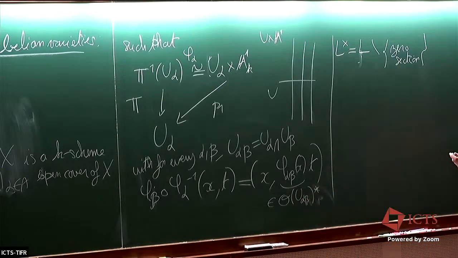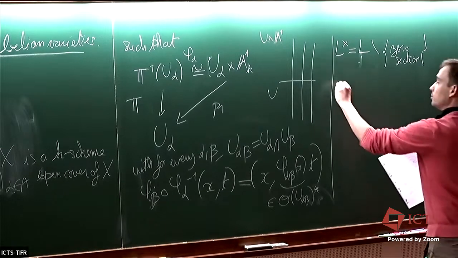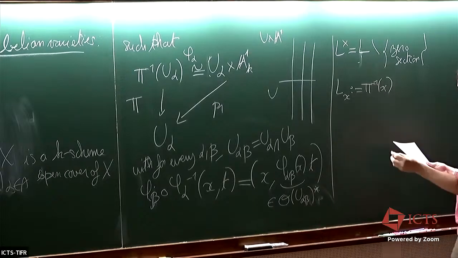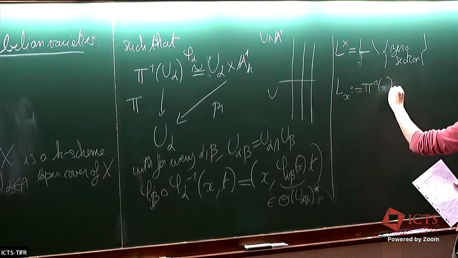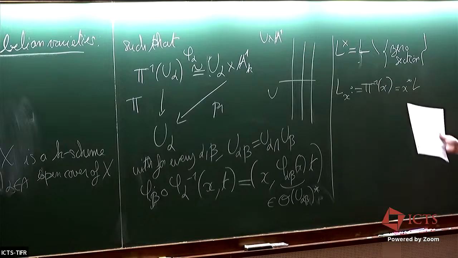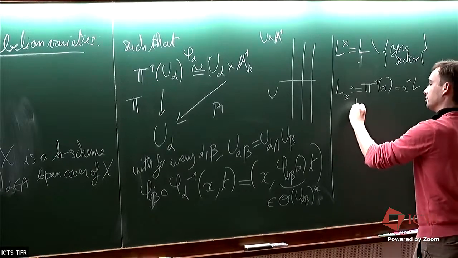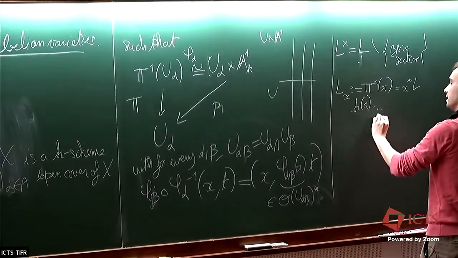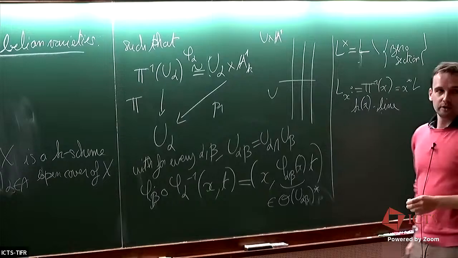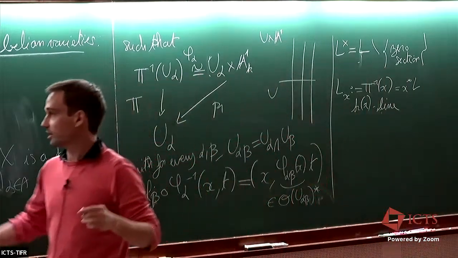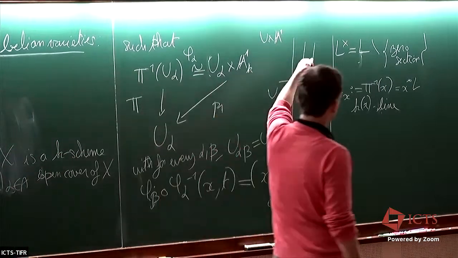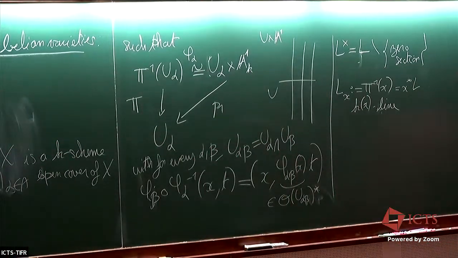And afterwards, we have L_x, which I define as p^{-1} of x, or more as x star L. If I'm over K, to be precise, it's not a K vector space, it's a K(x) line. If you don't like it, think about the case where K is equal to K bar. Everything is algebraically closed, so the lines are actually all K bar. Otherwise, you need to be a bit careful with the field of definition here.